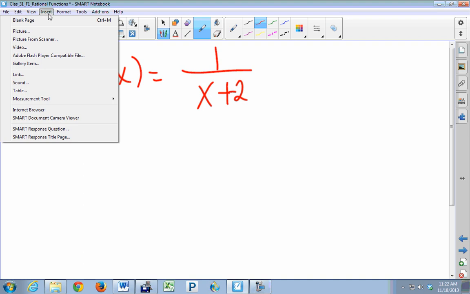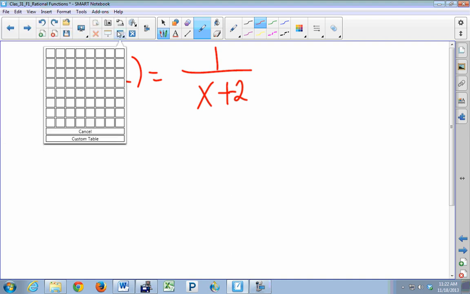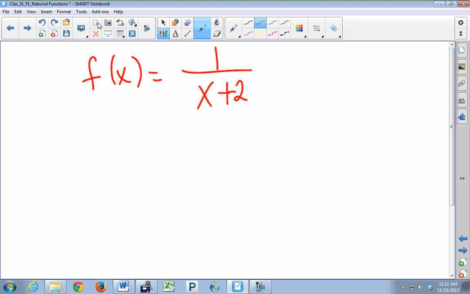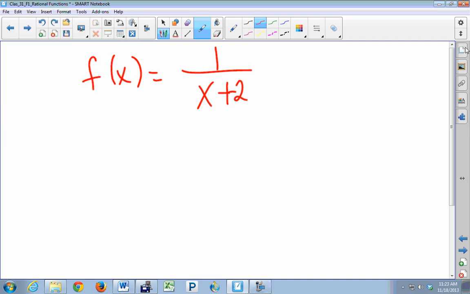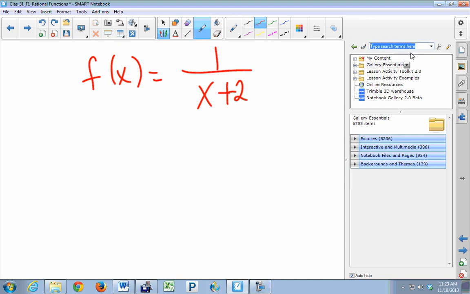Now, I know there's a way I can insert a graph here. Where is it? Is this it? No, that's a table. Where is the graph? I can't remember because I always put them in. Maybe I don't have it up here. Do you see graph? Nope. So I'll go over to my gallery, type in x, y axis.